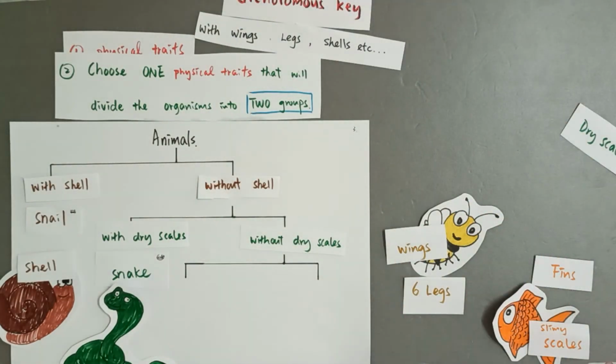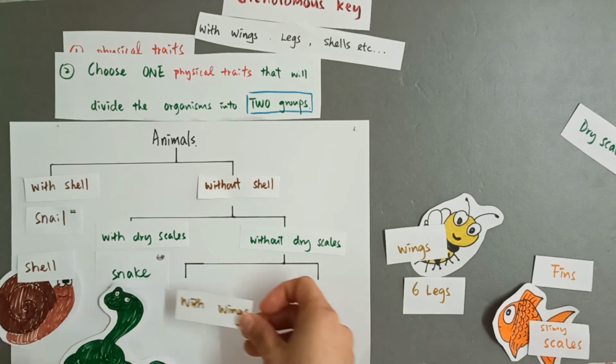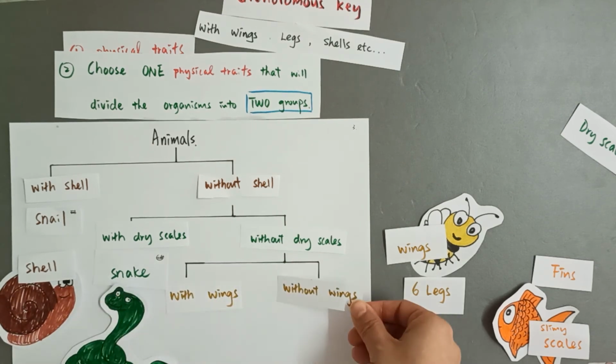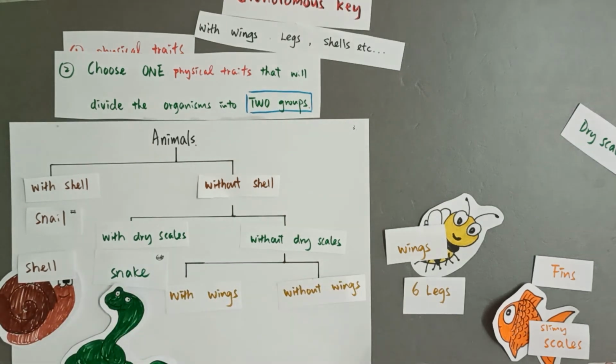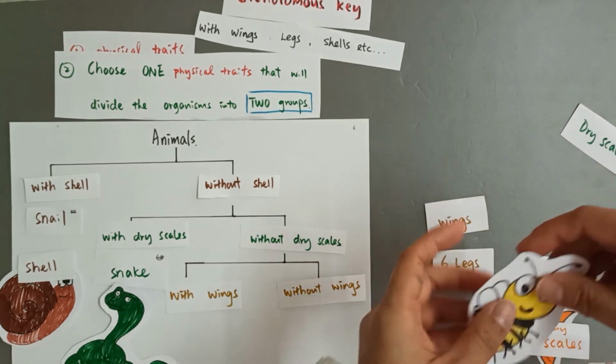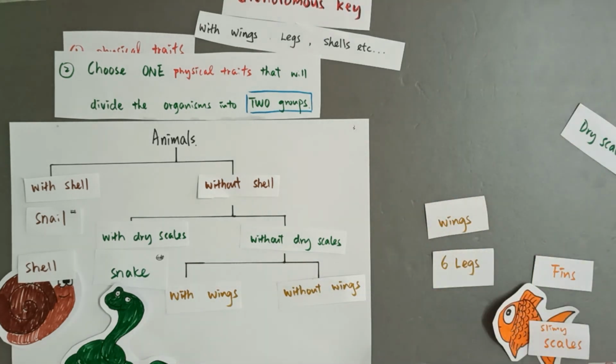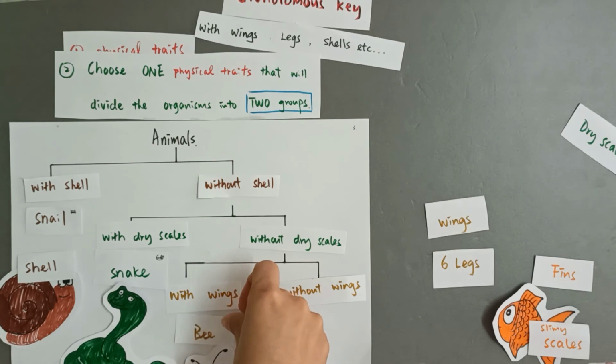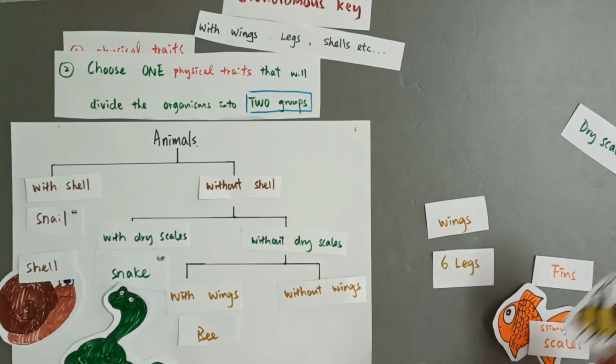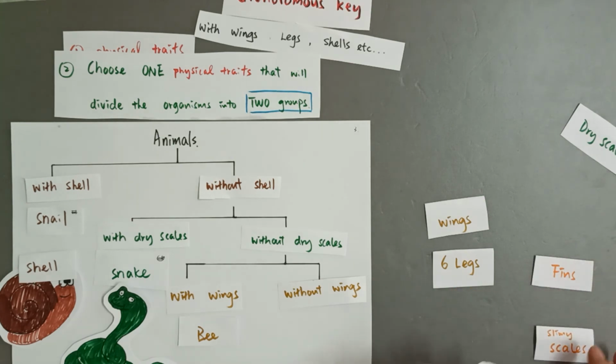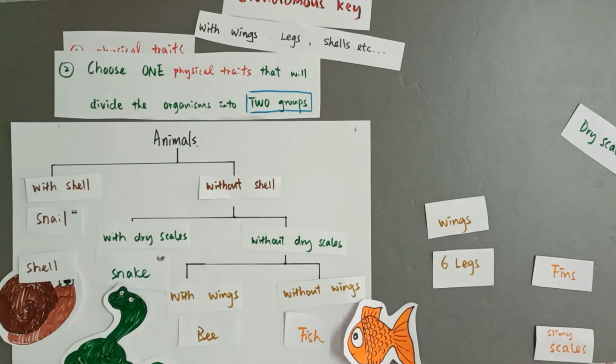So I will put with wings and without wings. Very obviously, those with wings must be the bee. I don't have enough space, so I just put down the word. And the last one will be the fish.